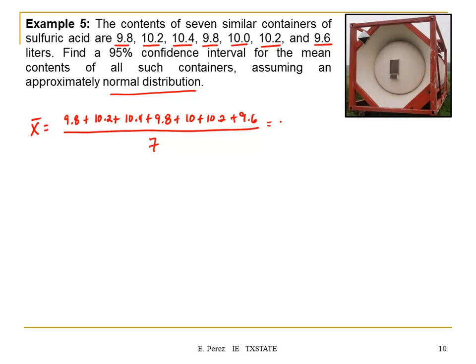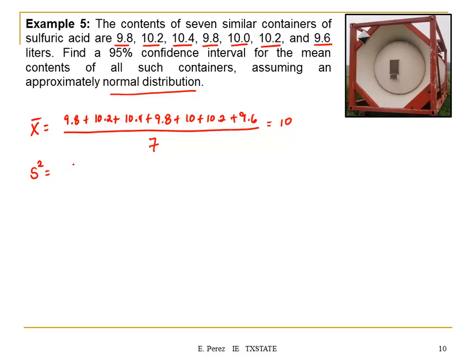And this x bar equals 10. So we found our sample mean. What else do we need to compute the confidence interval? The variance, correct. Well, we don't know the variance of the population, so we need to compute the variance of the sample.